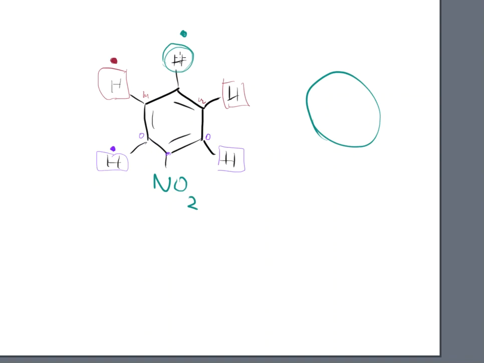And then finally, if I removed the hydrogen directly across the NO2 group, that is the para position, right? Again, all of those things coming back. That's the only para position that we have. So therefore, that hydrogen will be different because it's the only para versus the two metas versus the two orthos.